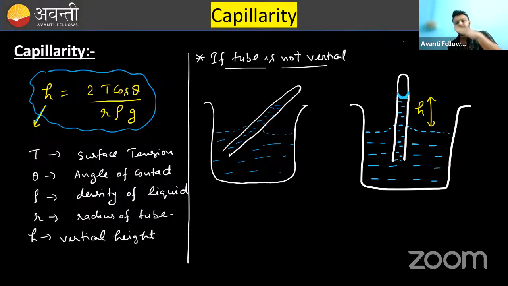So, however you may tilt the tube, the vertical height of the liquid will always remain the same. You need to remember this. It will remain h, however much you tilt it.